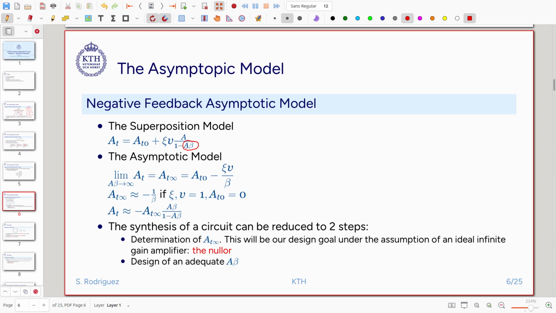Under that assumption, I'm going to call this transfer function A_T infinity, or the asymptotic gain, because it assumes that we have an infinite amplification available. So when it is infinite, basically we can disregard this term, this disappears, and as I mentioned before, the terms that we have for losses, we can disregard in analog integrated circuits at low frequency.